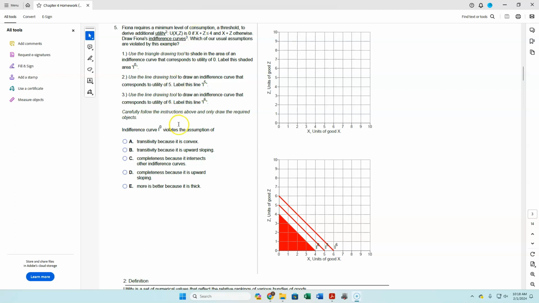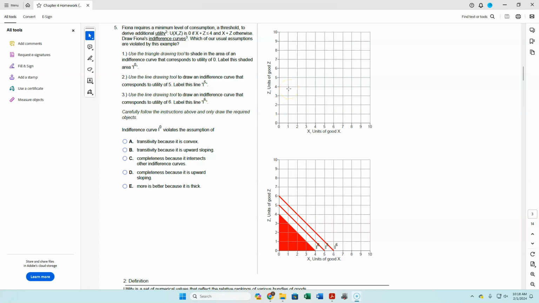What we have to do is create a situation where you'd be shading in the indifference curves in terms of what's preferred to not preferred.